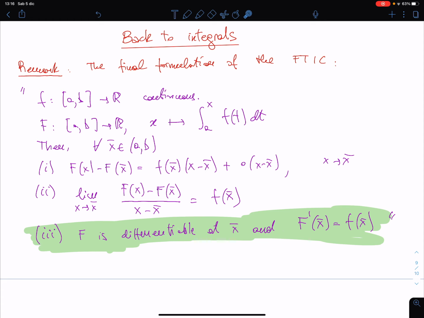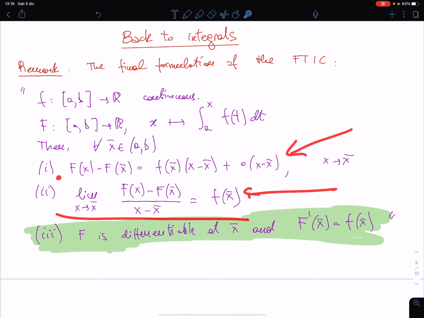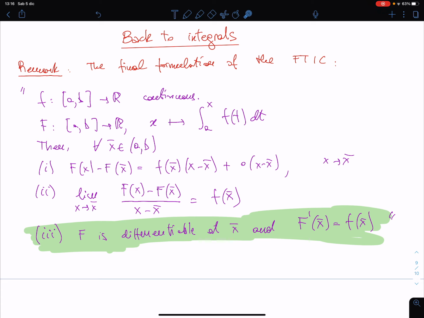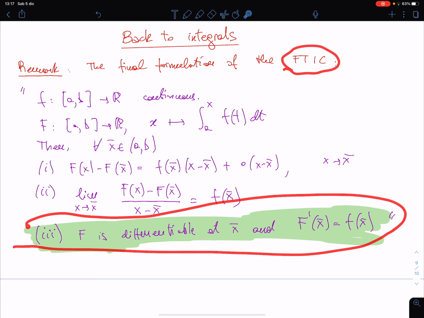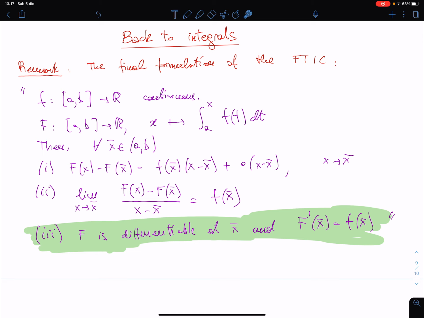We did not have derivative when I explained you this theorem, so I had to use these other definitions, but it is totally equivalent. Nothing is lost here. But from now on, when people, including me, ask you the statement of the fundamental theorem of integral calculus, you can use this statement.